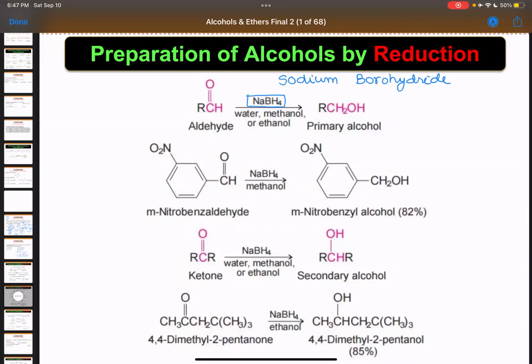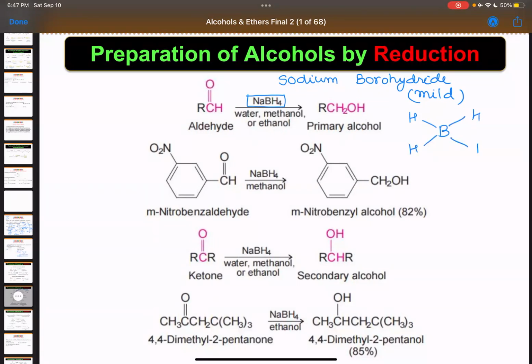Okay, it is a mild reducing agent. It is not as strong as LiAlH4. It is a mild reducing agent, and it is a hydride donor.